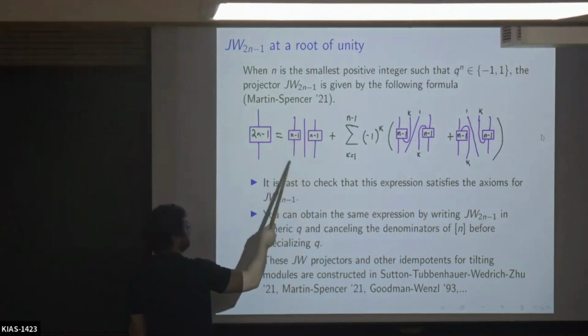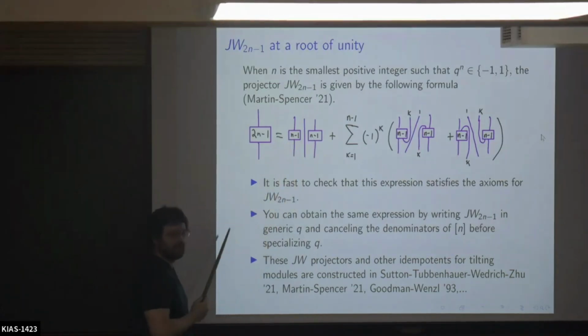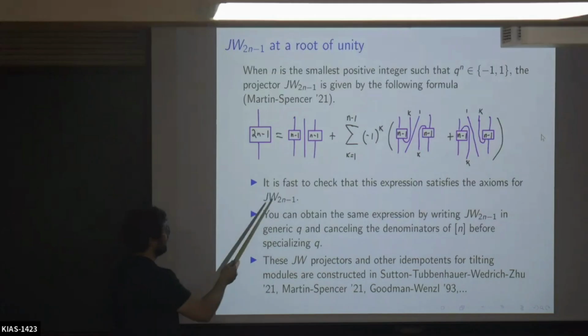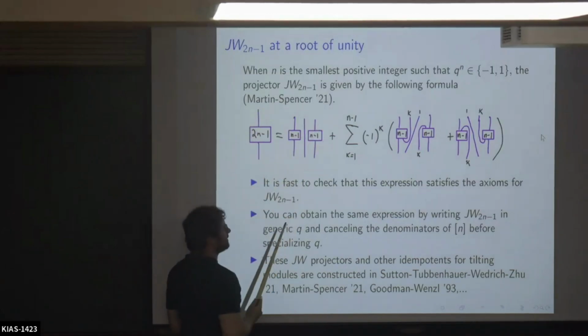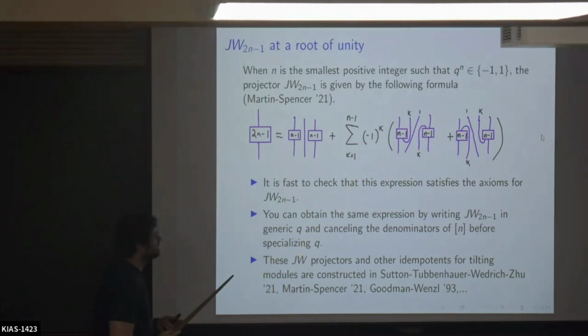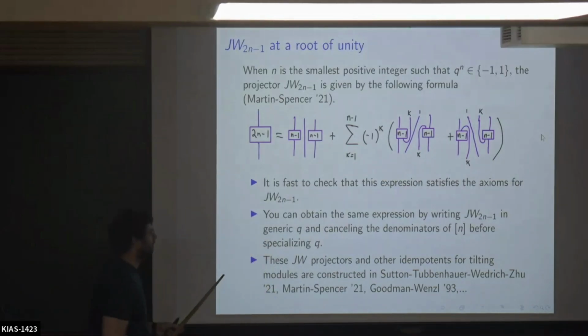And here the identity element will have coefficient 1 because the identity element of Jones-Wenzl n minus 1 has coefficient 1. And then to show that it's uncappable, you have to put a cap at every spot and see what happens. This alternating sum will give you the cancellation that you'll need.